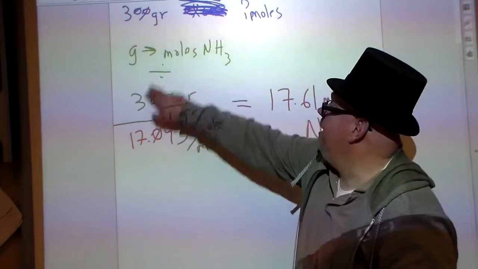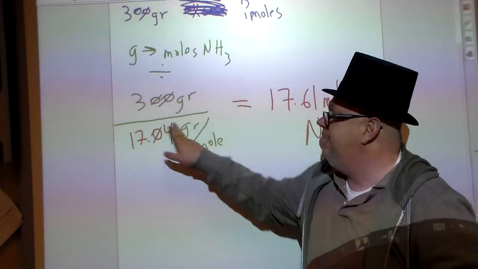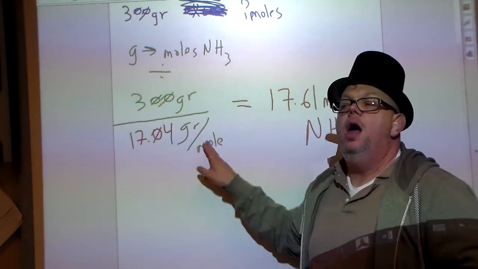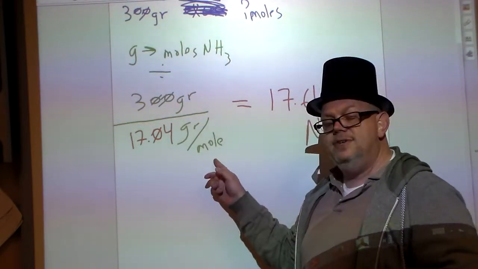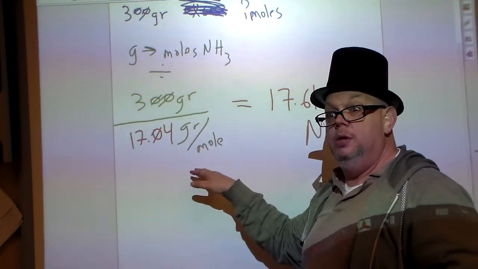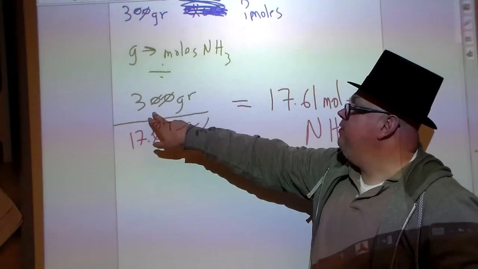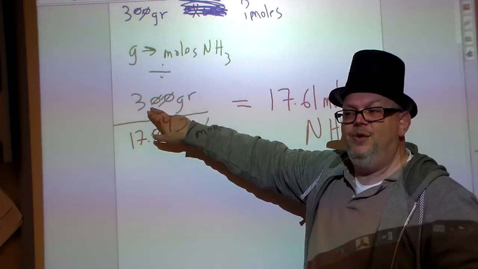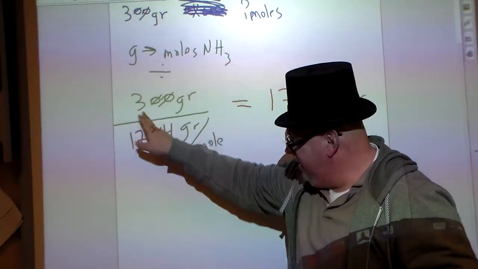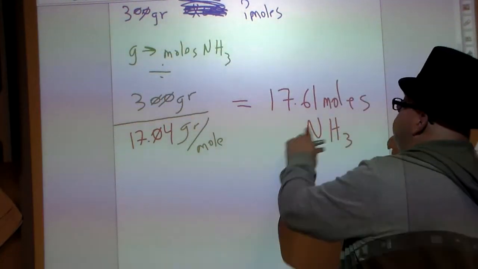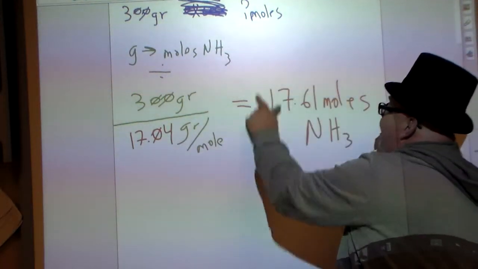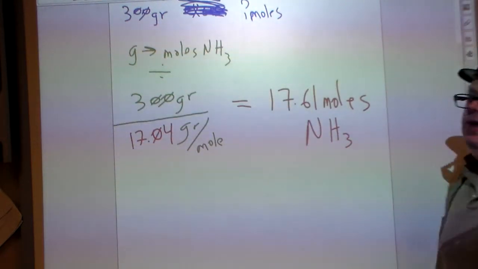And that's what I'm doing here, just like I have 17.04 grams per mole. That's what I need. And here's what my 5,000 kilograms of tire rubber is, in our case here, 300 grams of ammonia. And then we figure out, okay, this is how many tires I was able to make.